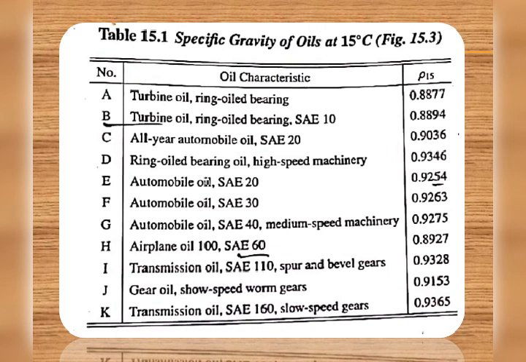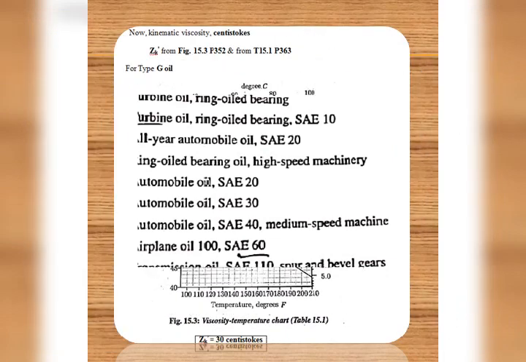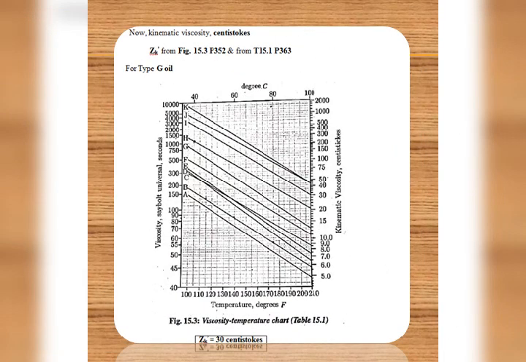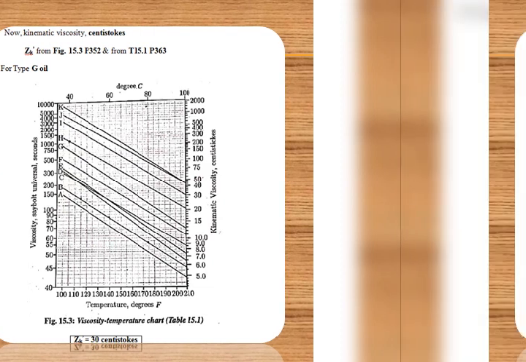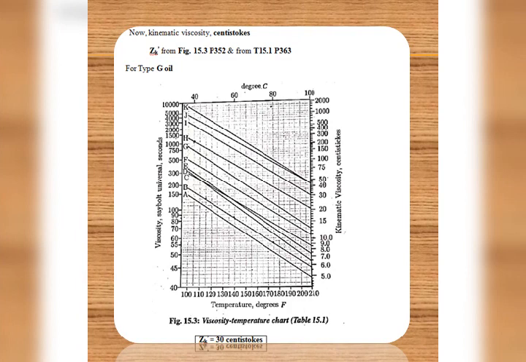Once we have got the type of curve G from table 15.1 for the type of oil, now we have to move on to figure 15.3, page 352. Refer to this, for the G type of curve. Just observe this graph. In the horizontal direction he has given temperature in degrees Fahrenheit in the lower line.